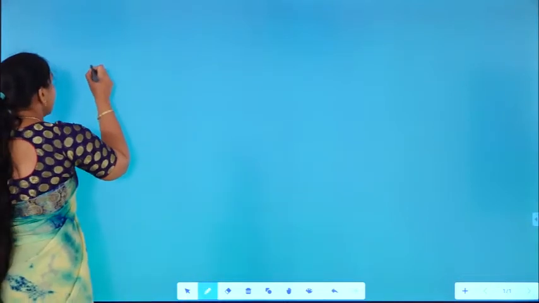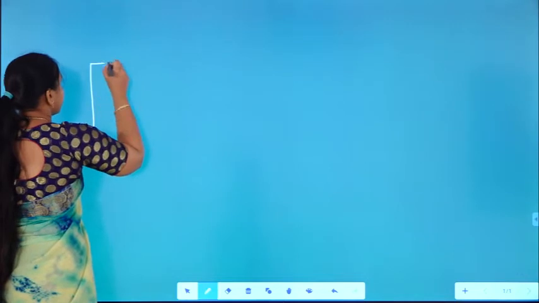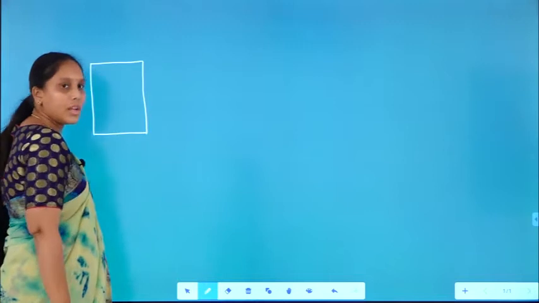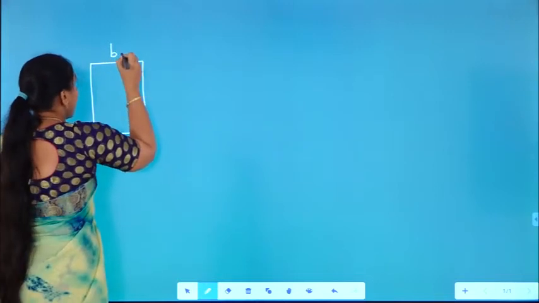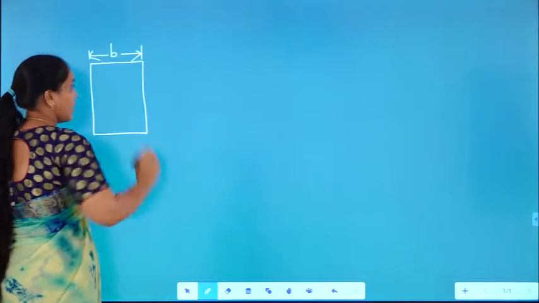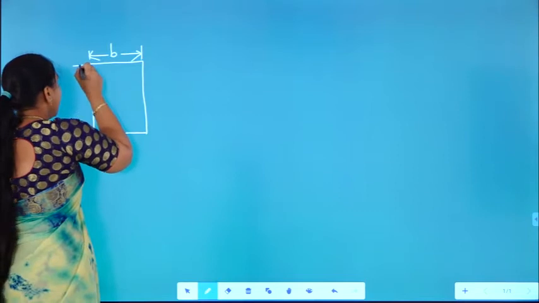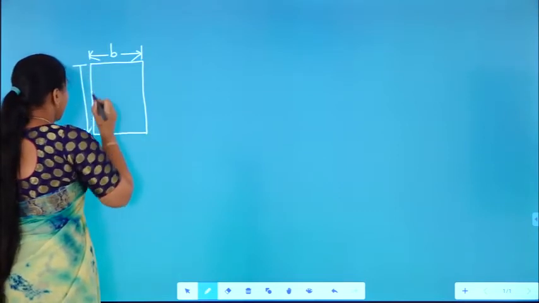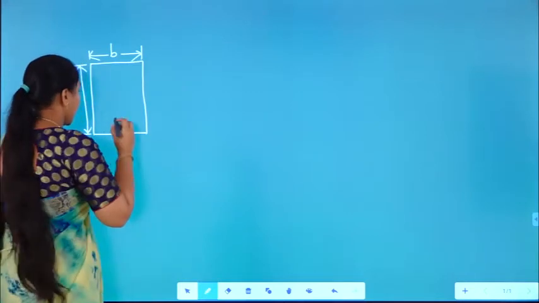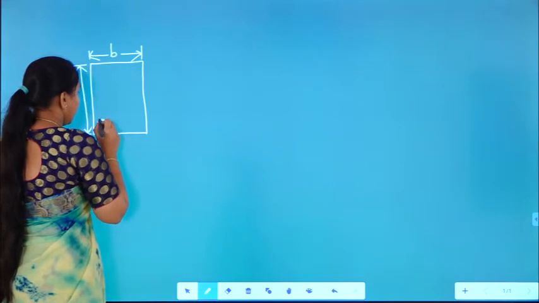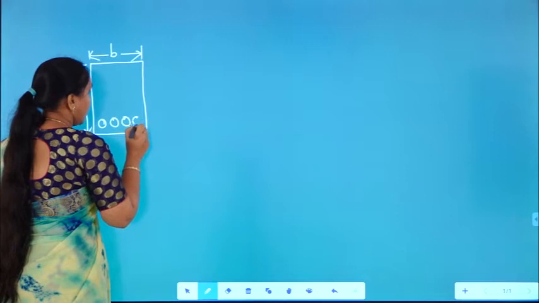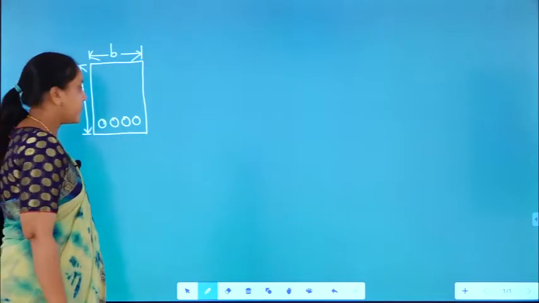First, let me draw the rectangular beam section. Let the breadth of the beam be B and let D be the overall depth of the beam, and let me provide the reinforcement here.